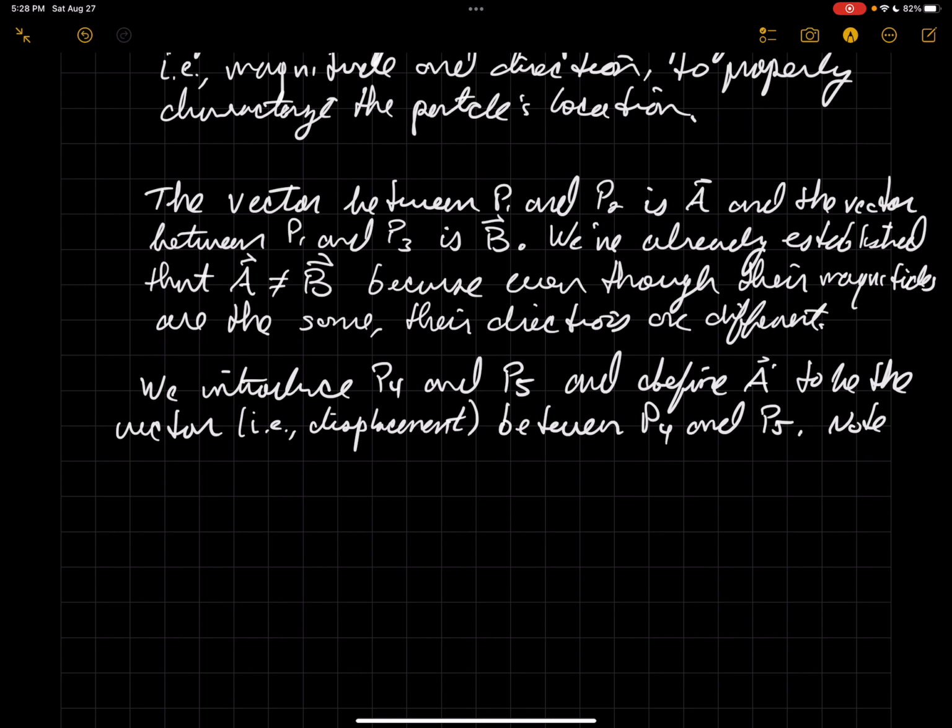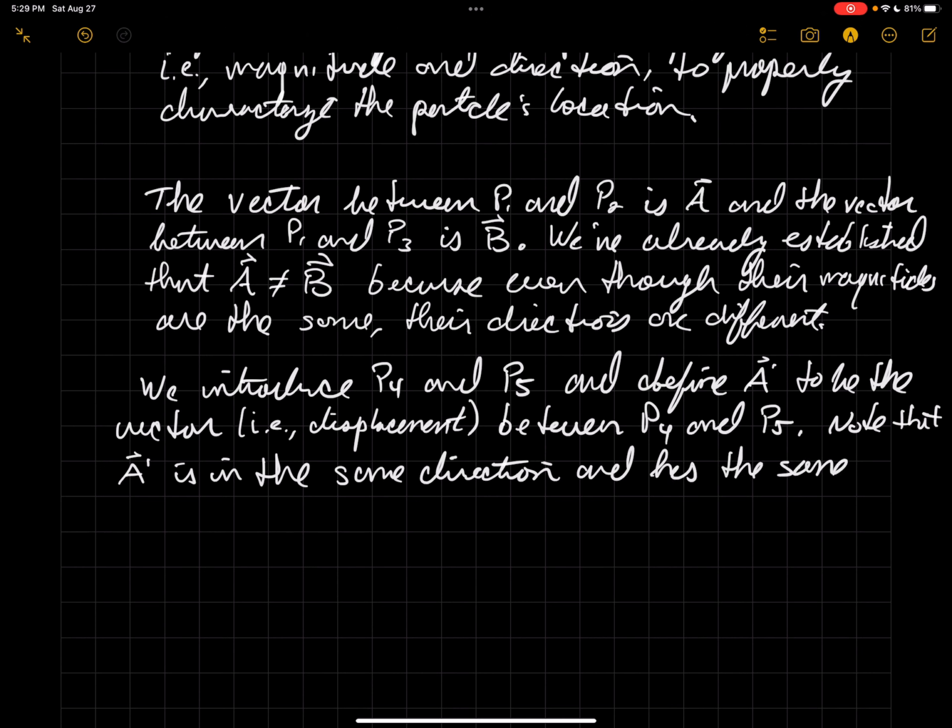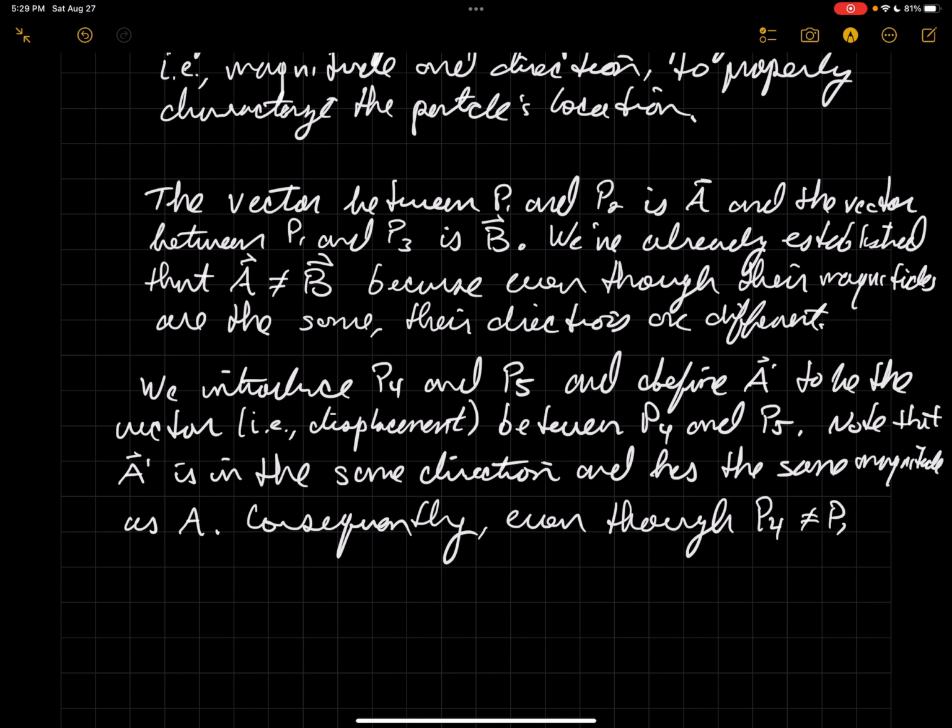Note, as we discussed, that vector A prime is in the same direction and has the same magnitude as A. Consequently, because they have the same direction and the same magnitude, even though P4 does not equal P1, and P5 does not equal P2, vector A is equal to vector A prime.